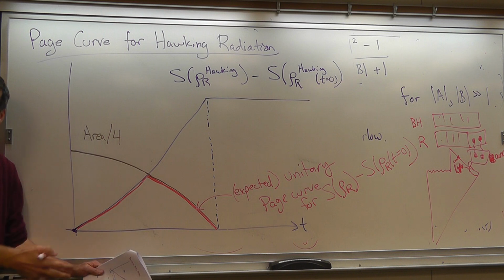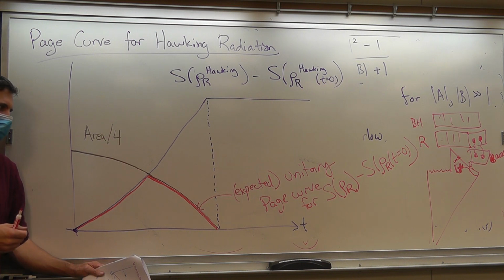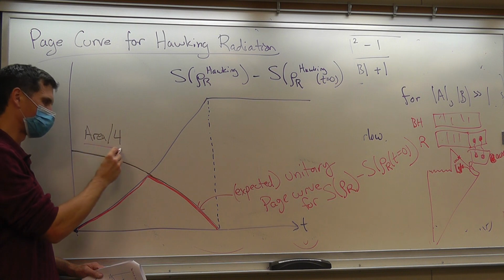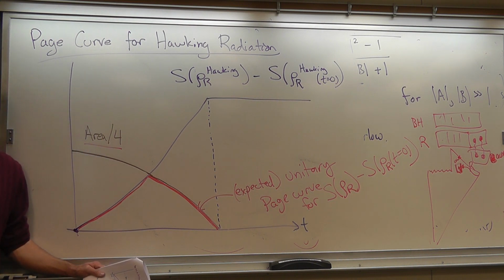The most entanglement you can get by entangling yourself with a finite system is the log of the dimension of the Hilbert space of that system. And in this case, the maximum is set by the entropy of the black hole.